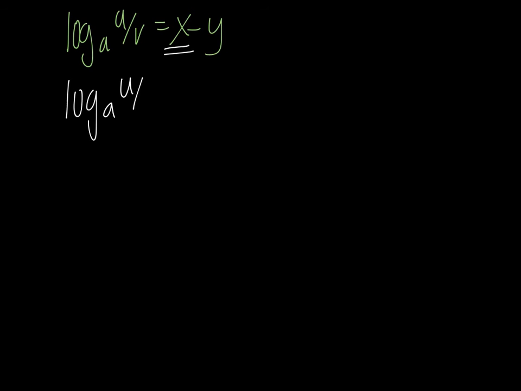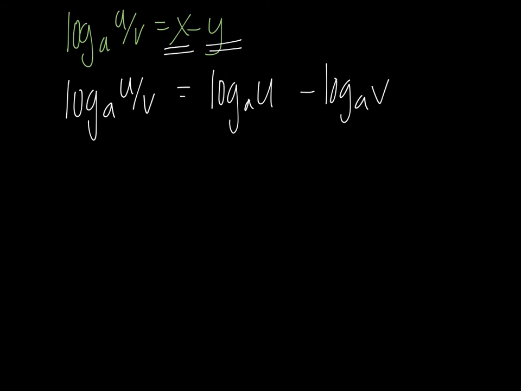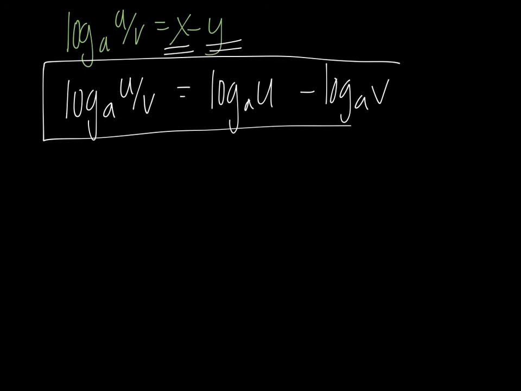So this is where I left off. And earlier I stated that x was equal to log base a of u, and y is equal to log base a of v. So I've just proven the quotient property.